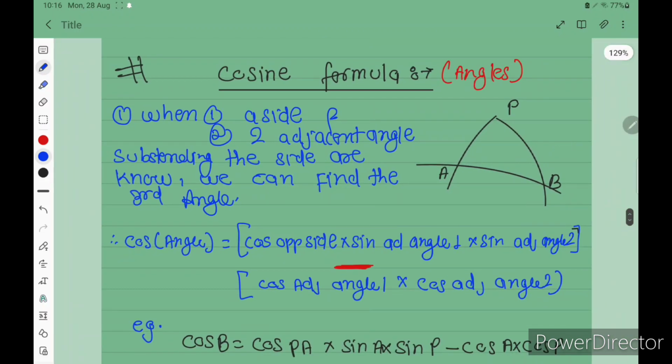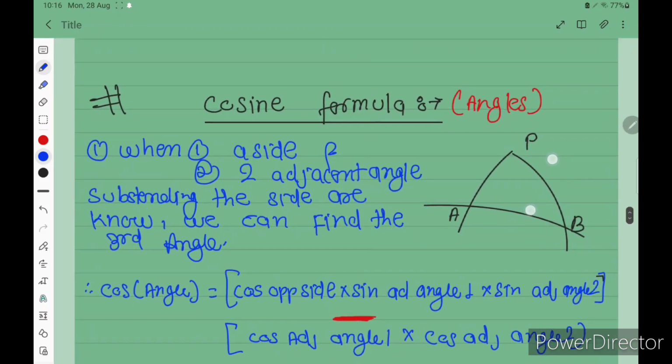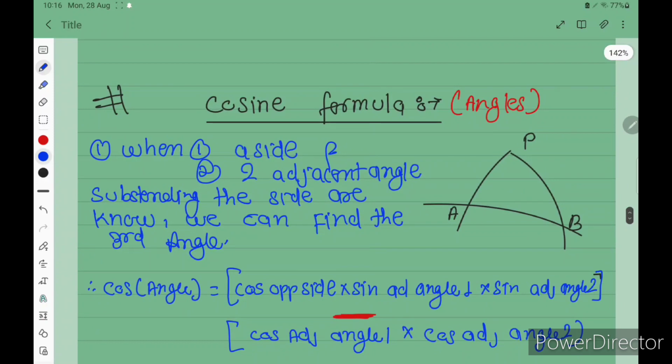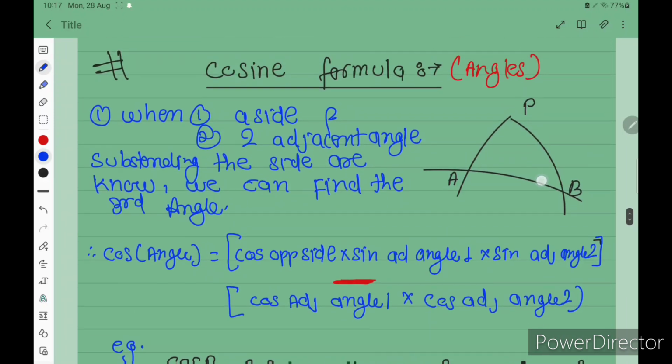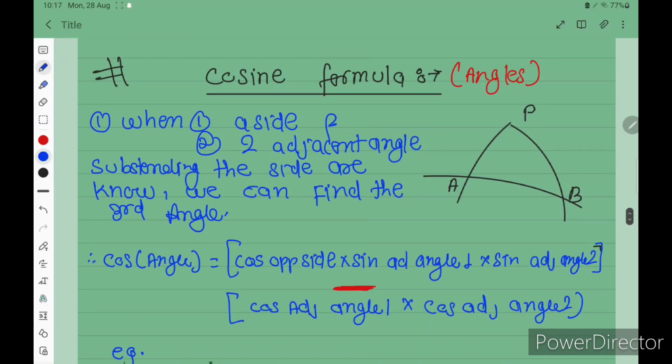Also, two numericals came in which we are going to use the cosine formula, which we already used in the great circle, in the phase 1 great circle sailing, so you go through that. Cosine formula, angle formula: when a side and the two adjacent angles subtending the side are known, we can find the third angle.